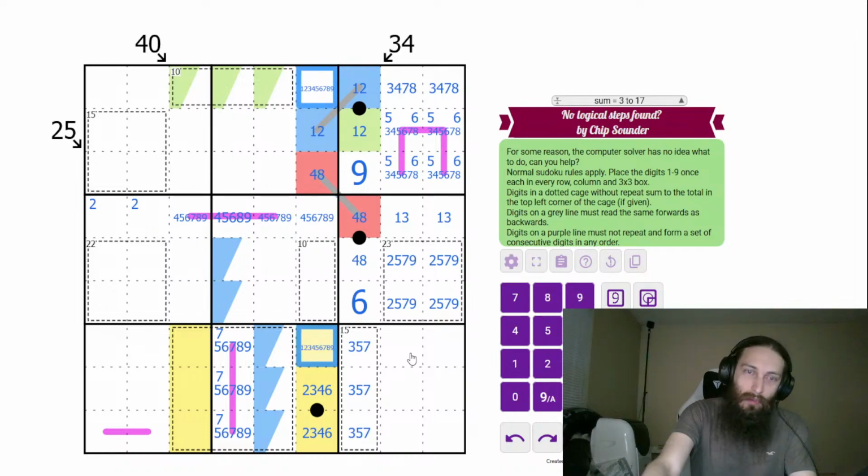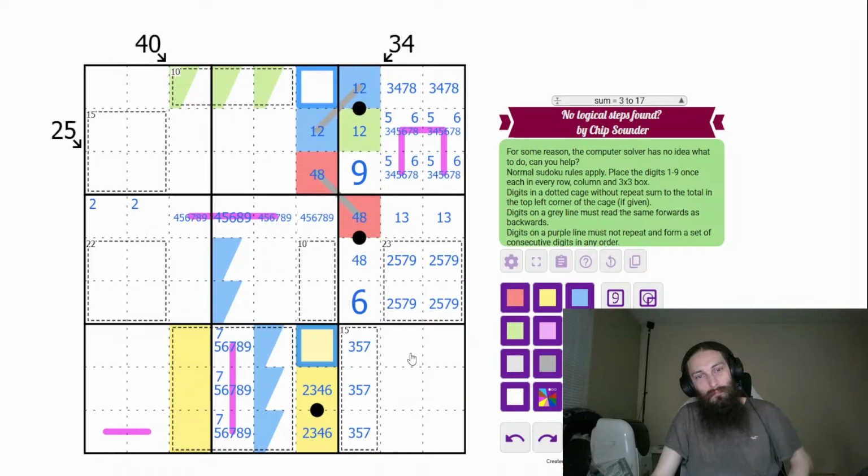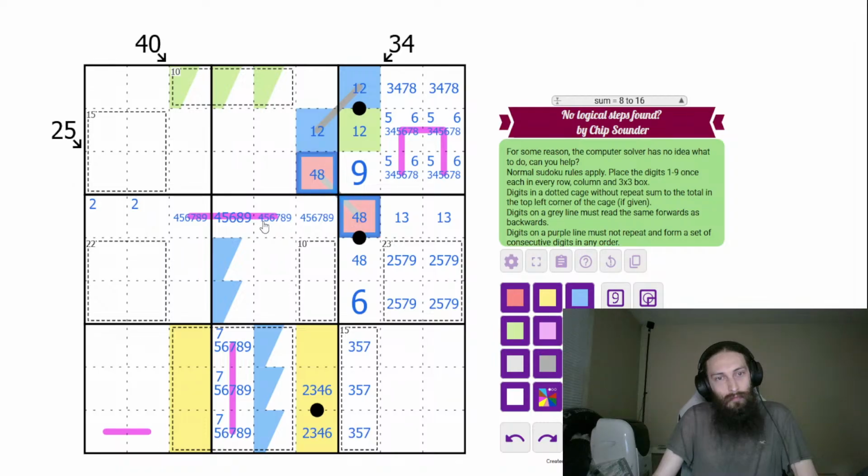Excuse me. 3, 7, 2, 4, 1, and 8. So yeah, 5, 6, and 9 would get left over. Although if this was 5, 6, or 9, we have 8s there. 5 and 6 would end up having to be on here, so that would end up being our 9.